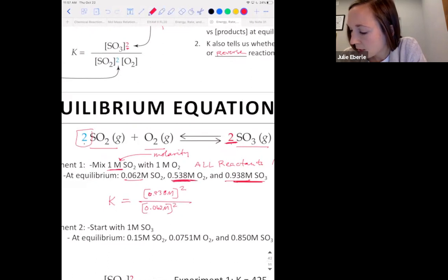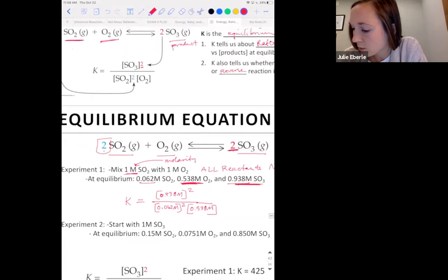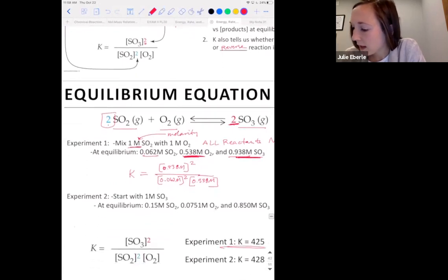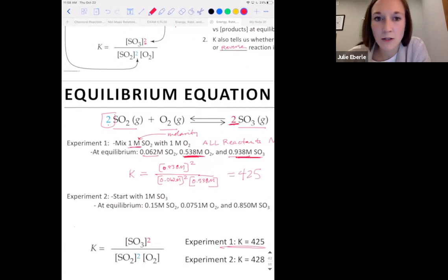I'm going to plug in my equilibrium concentration of O2, which is 0.538 molar, and I have a coefficient of 1, so I don't have to raise it to anything. And if you calculated this, what we would find is that K equals 425. Whoop-de-doo. What does that number mean? We'll explain that in a second.